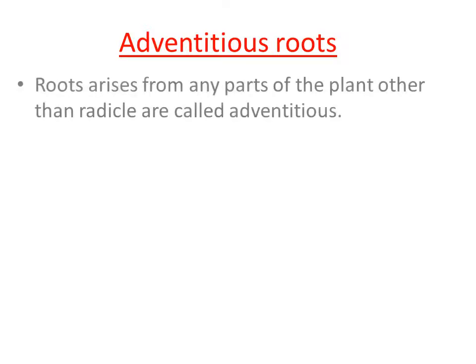Then why does adventitious root formation take place in the plant? What exactly is an adventitious root? An adventitious root arises from any part of the plant other than the radicle. If the root arises from any part of the plant other than the radicle, such a root is called an adventitious root, right? It may be for different purposes.